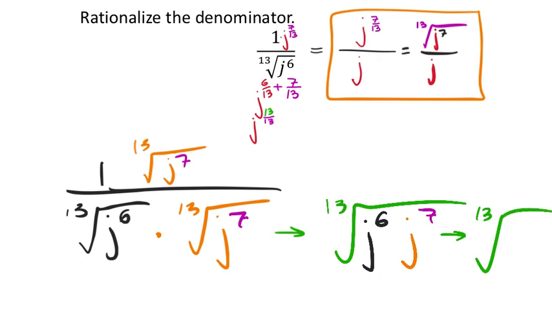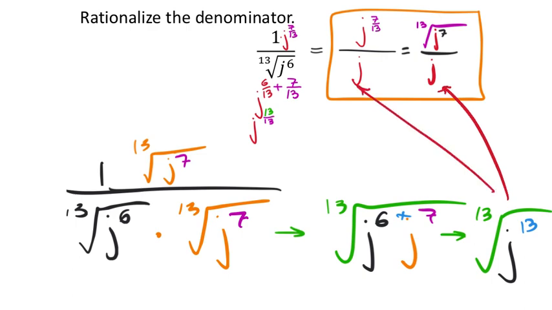So it ends up being the 13th root of j to the power of 6 plus 7 is 13, because we're adding those exponents. So the 13th root of j to the 13 gives us just that regular j to the power of 1. So that's where that j came from. Or this one, whichever one you're looking at.